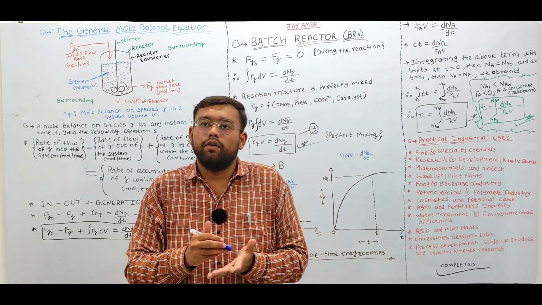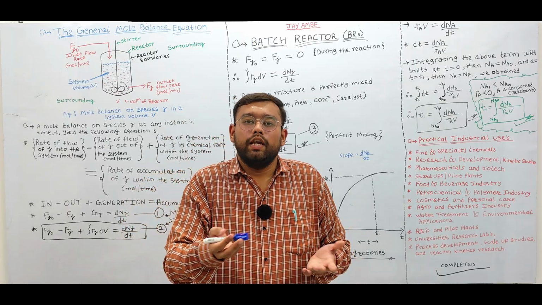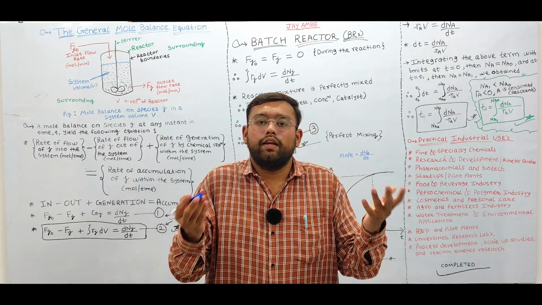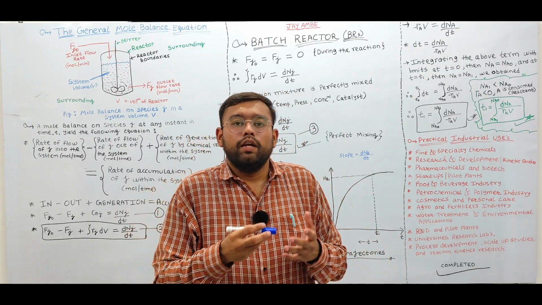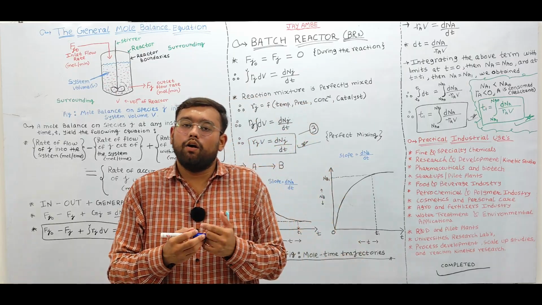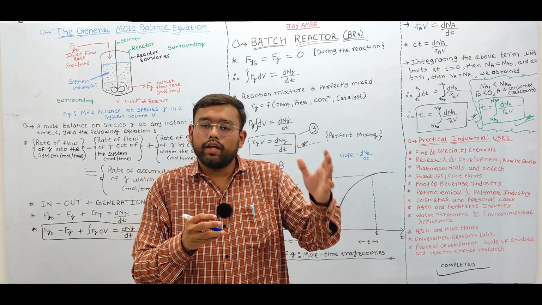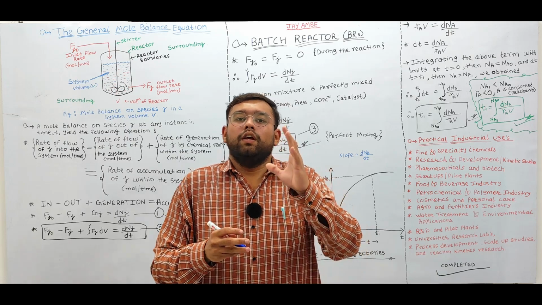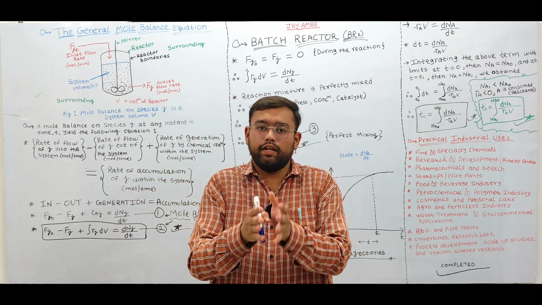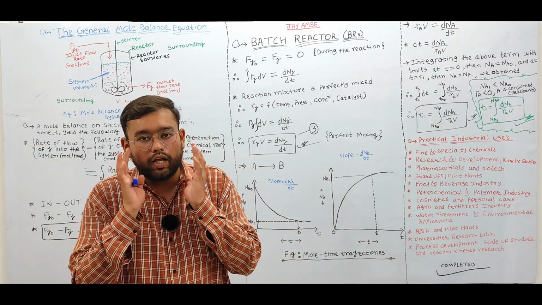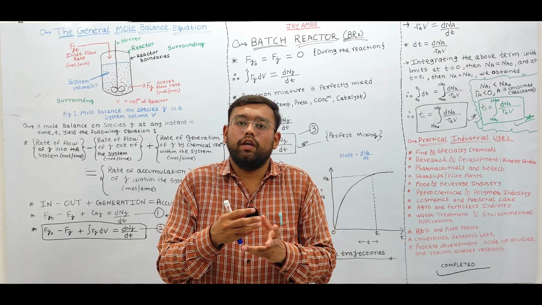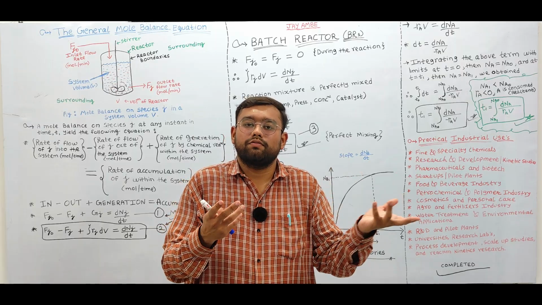Okay, and at time t is equal to 10 minutes, if we analyze the sample by using different analytical methods, we find that we have 70 molecules of reactants present in the reaction environment, which means 30 molecules are already consumed and transformed into new products, right?